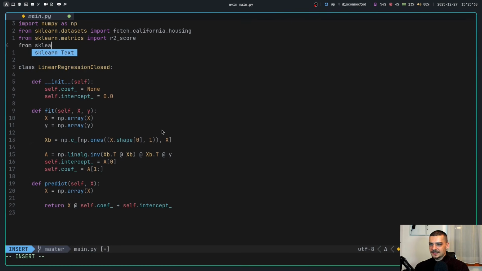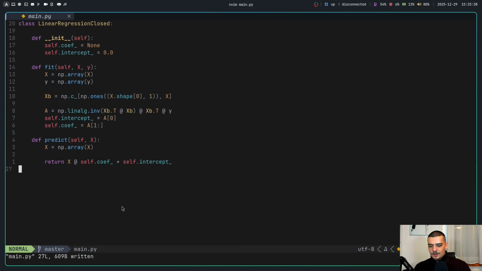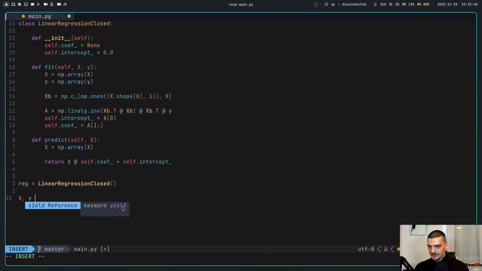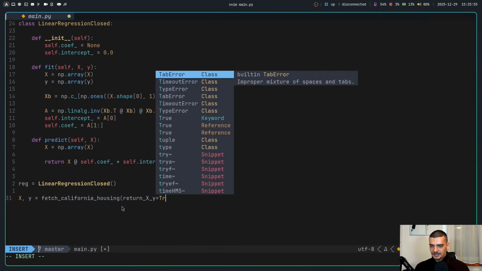And then from sklearn.linear_model, I'm going to import LinearRegression. And now we can just initialize our model. We can say reg is equal to LinearRegressionClosed. Then I can say X and y is equal to fetch_california_housing, return_X_y equals True.